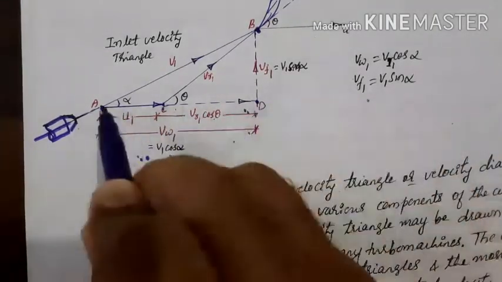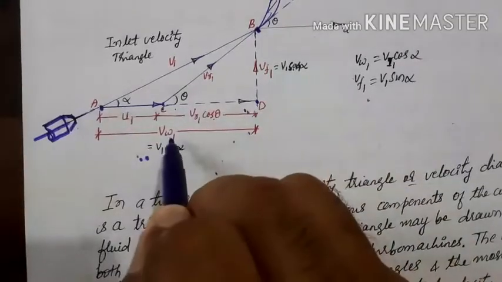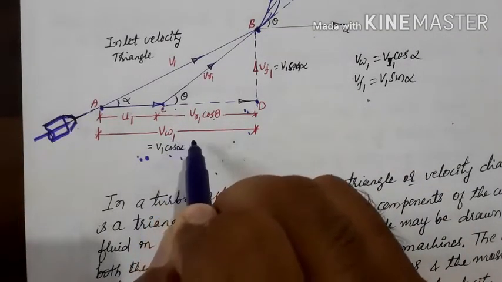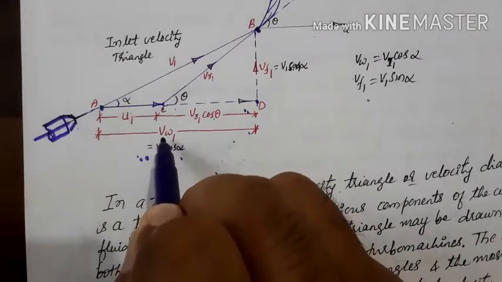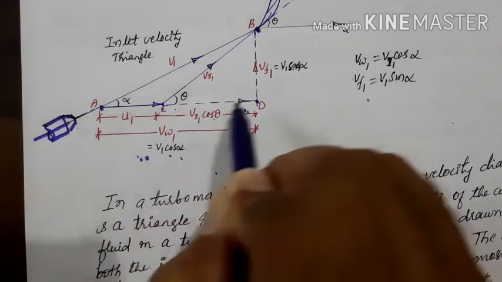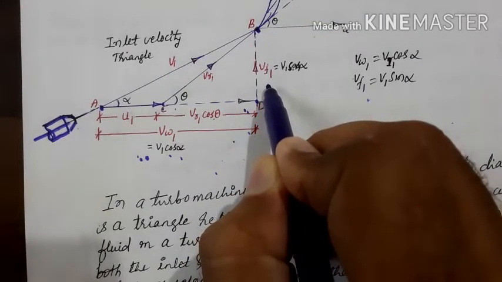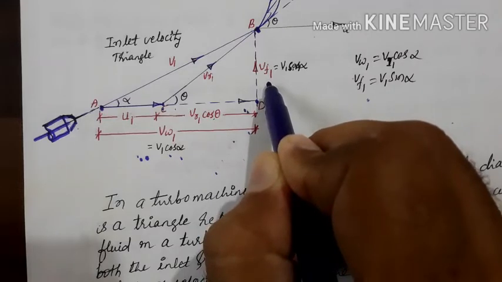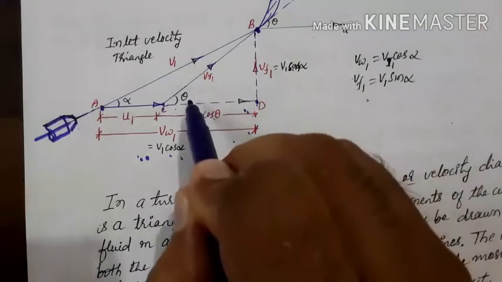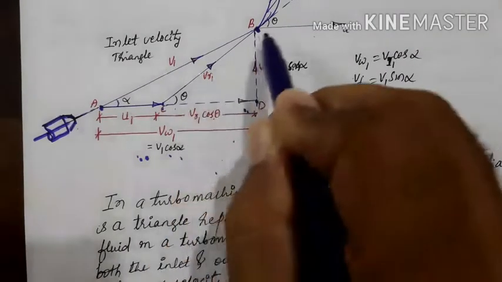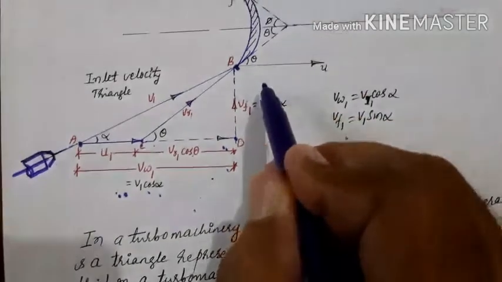Then AD represents the velocity of whirl at inlet. This is VW1, called the whirl velocity VW1, and this is the flow velocity at inlet, VF1. Then angle BCD is theta, that is the vane angle at inlet. This angle is equal to this angle and this angle.